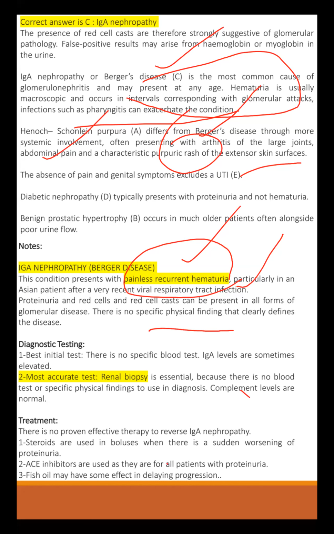There's no specific finding clearly defined, but for the exam question, initially I will do the IgA level, and the most accurate test is renal biopsy. Treatment: there is no proven effective treatment, but I have to remember steroids.